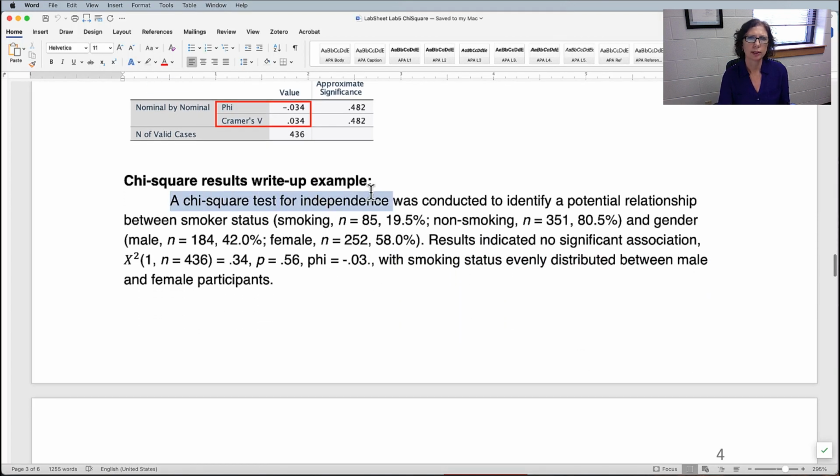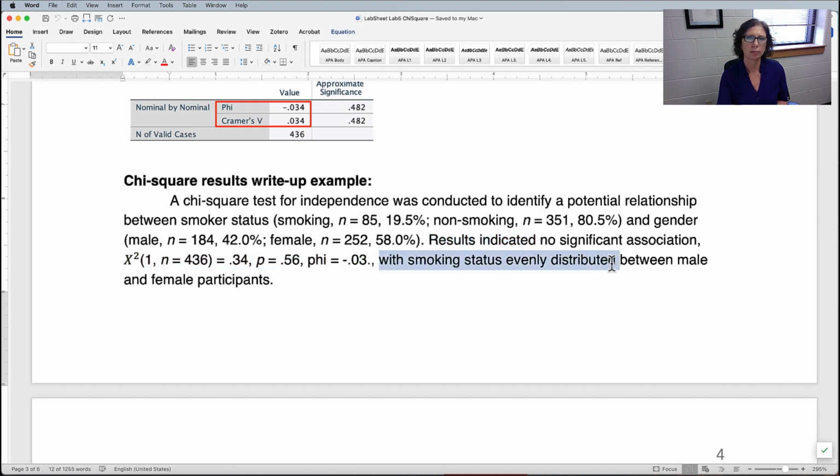So a chi-square test for independence was conducted to identify a potential relationship between smoker status and gender. This already tells the reader what test is being run and with what variables, and it even gives some of the descriptive information, right? Then, results indicated no significant association, and we have the stats line there.